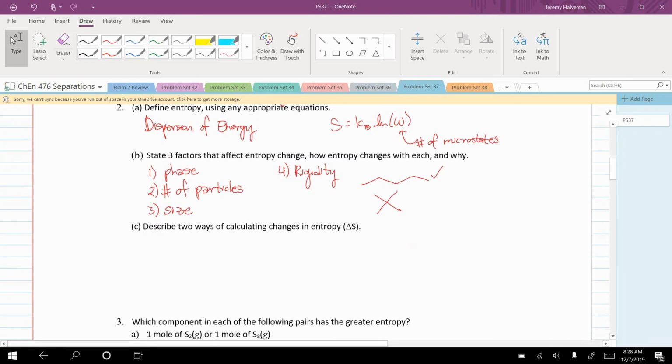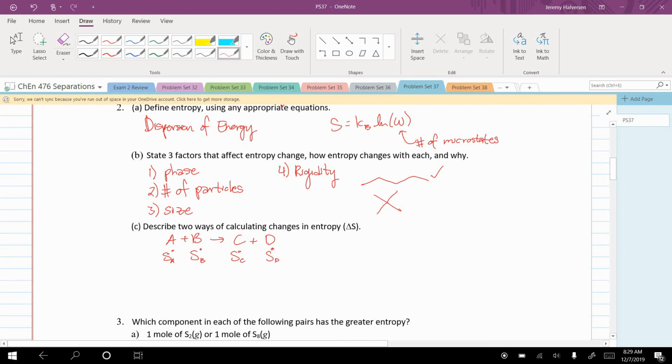Okay, describe 2 ways of calculating changes in entropy. All right, so let's say that I've got a reaction, A plus B goes to C plus D. If I knew the entropy values for each of these, I put that little knot there just because usually we're dealing with standard state.